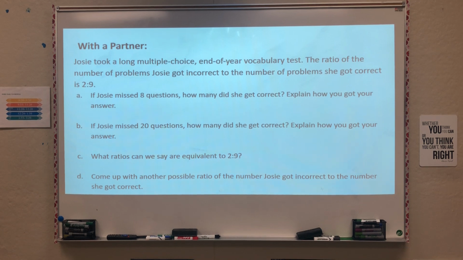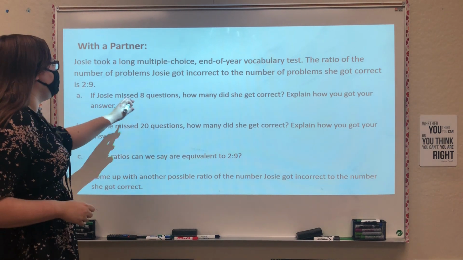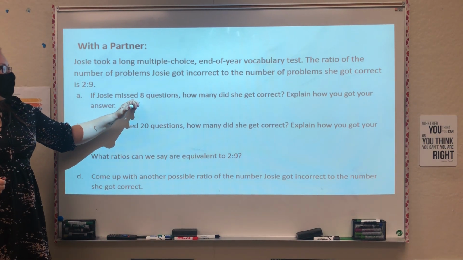So the question, part A, says if Josie missed 8 questions, how many did she get correct? How could we figure out that one? So you said 2, what? 9, right? So the missing number would be 8 to something.